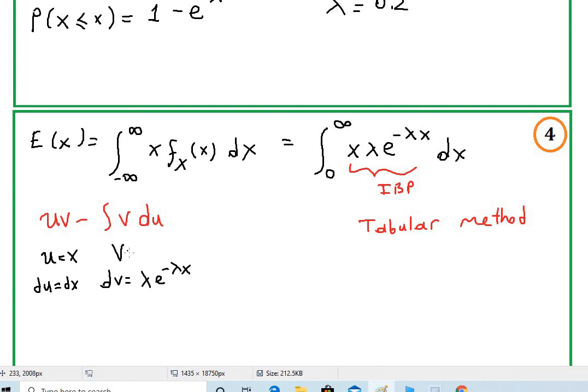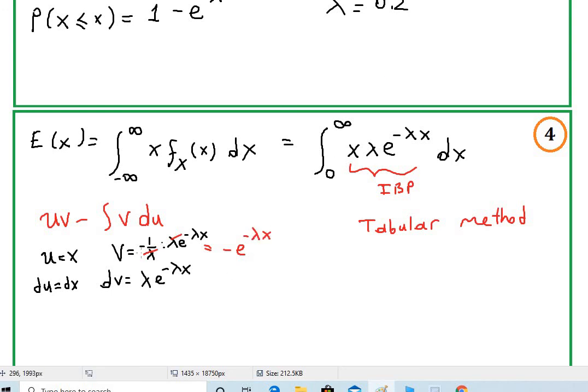Our dv is lambda e to the negative lambda x, and our v will be the antiderivative of dv. The antiderivative of that will be negative 1 over lambda times lambda e to the negative lambda x. Here the lambdas cancel each other, and we end up with negative e to the negative lambda x.